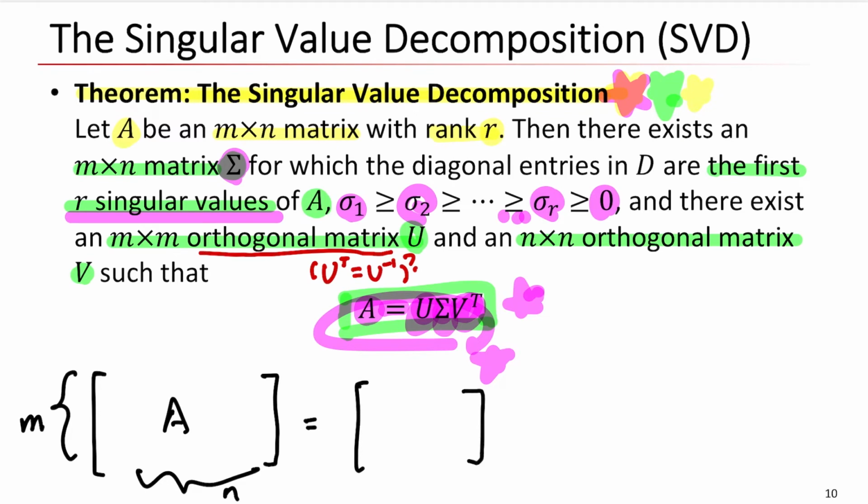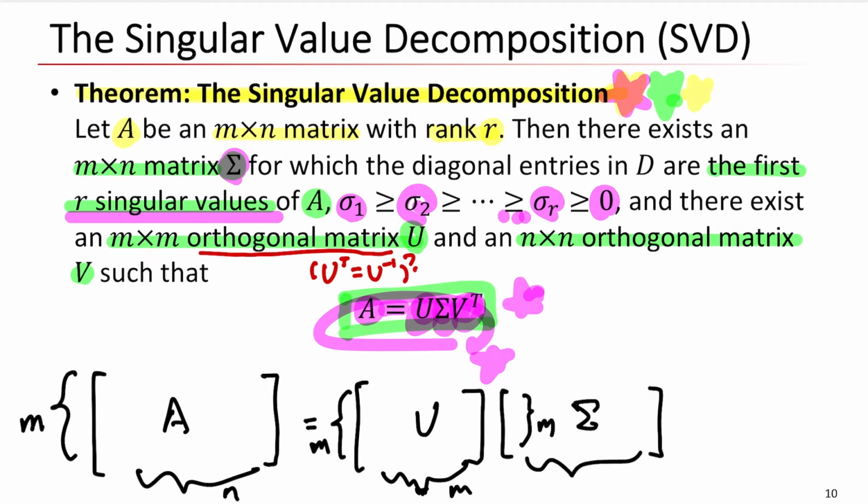In other words, there is a matrix A whose size is m by n, and there is a matrix U whose size is m by m, a sigma matrix whose size is m by n, and V transpose whose size is n by n.